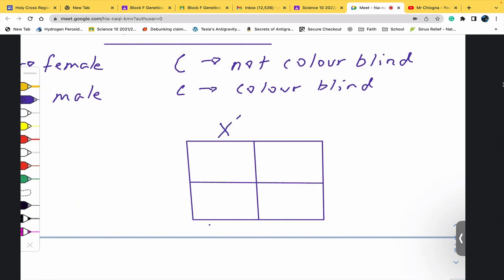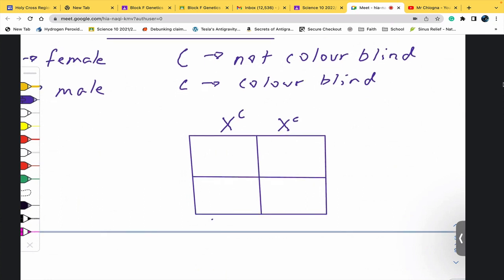She doesn't show the trait because she's got a capital C here, but she's a carrier because she's got a lowercase c here. Then we'll cross that with the male who's colorblind.